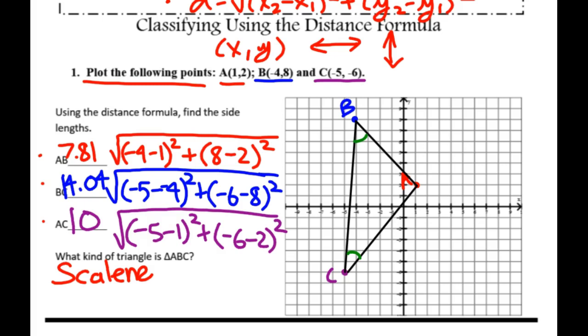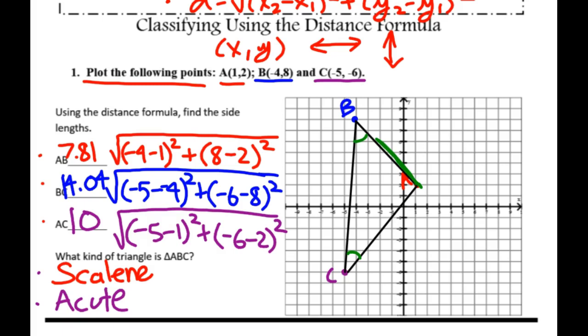But for us, we see that this is slightly less than 90. Okay, because if it was 90, it would be going through like this point. This would be 90. Okay, so it's a little less than 90. So what do we call that if all 3 angles are acute? It's an acute triangle. So my 2 classifications, by sides and by angles, is scalene, acute.